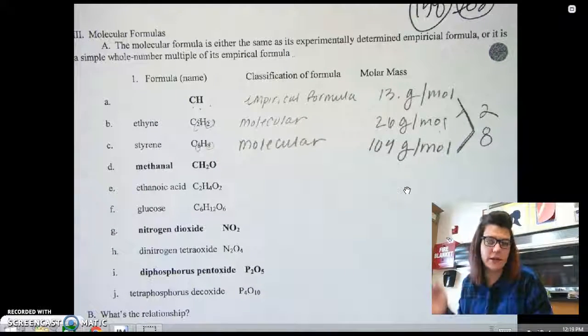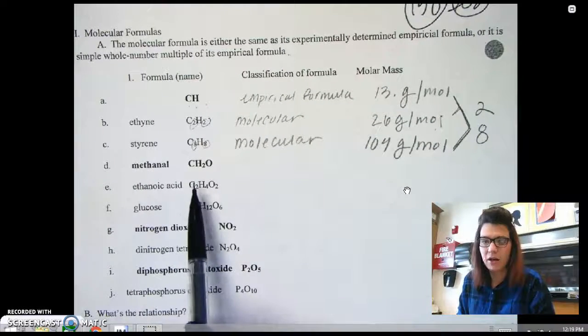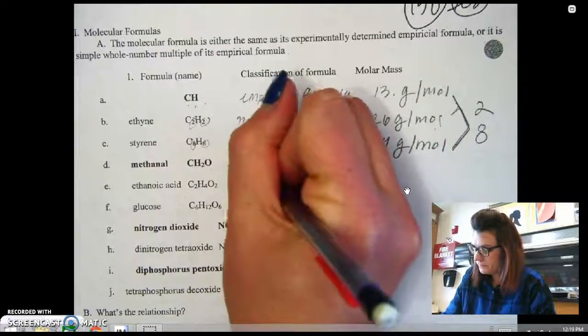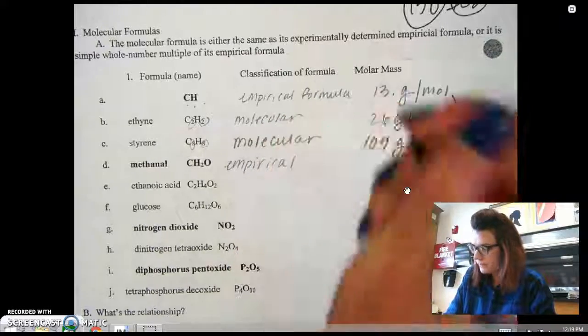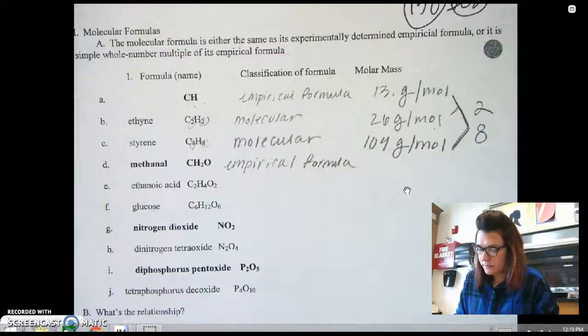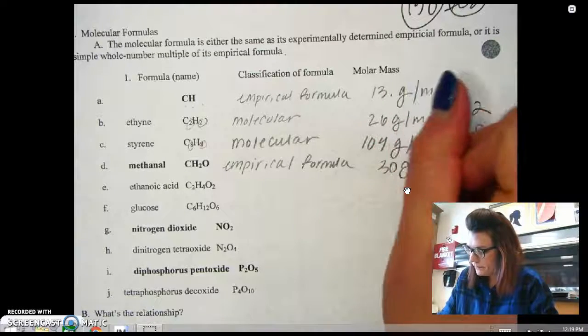Okay, let's do one more example here. Methanol is an empirical formula. Doesn't exist in nature. And it has a molar mass of 30 grams per mole.